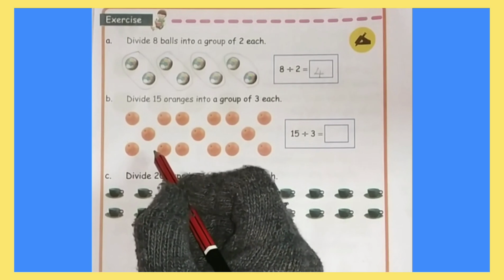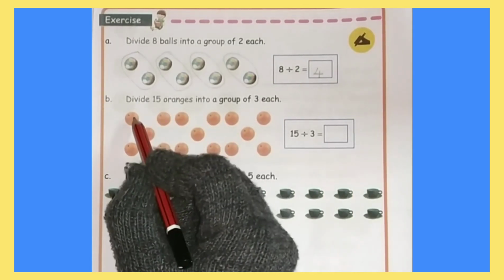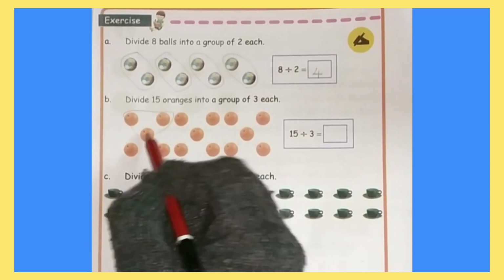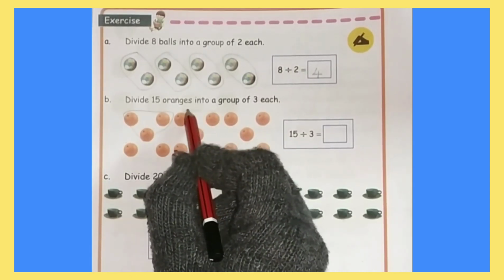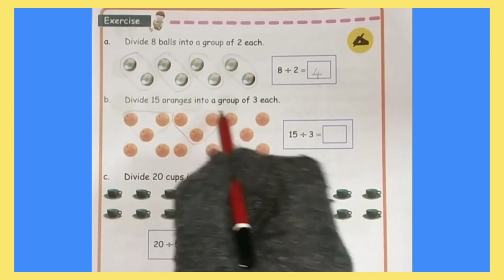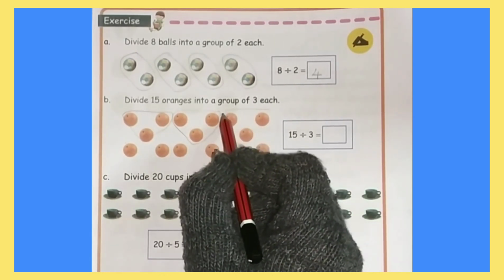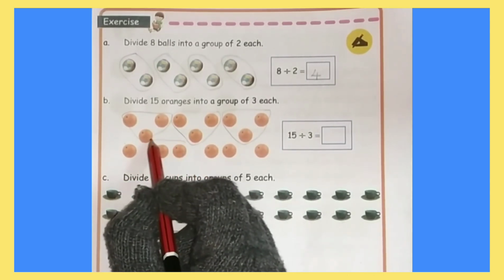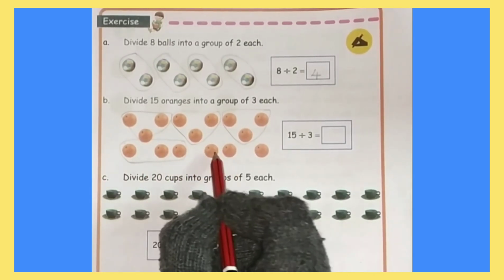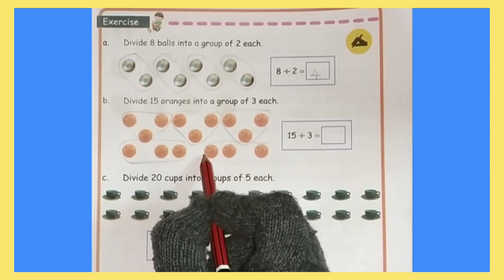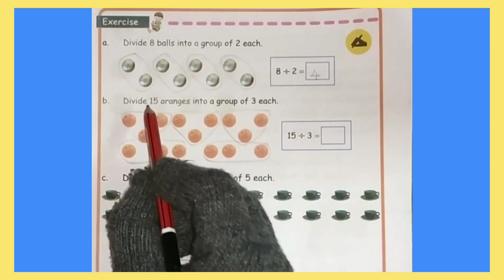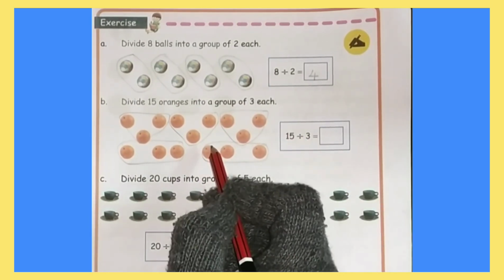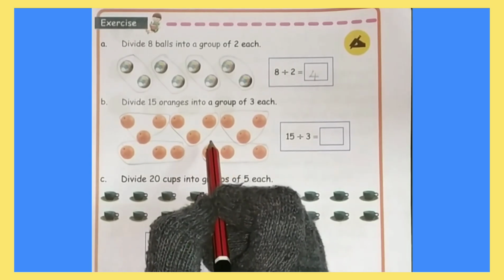Next, divide 15 oranges into a group of 3 each. Let's arrange in threes. 1, 2, 3. 1, 2, 3. 1, 2, 3. 1, 2, 3. 1, 2, 3. So, 15 divided by 3 equal to, children, how many groups are there?